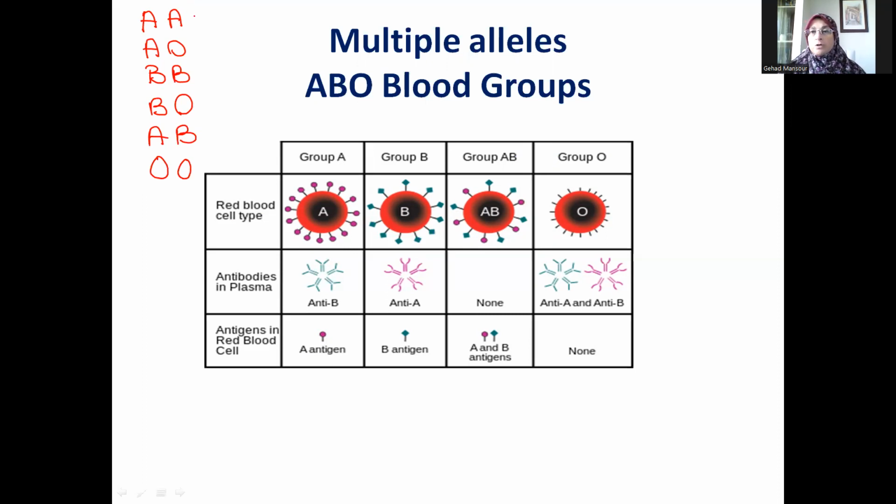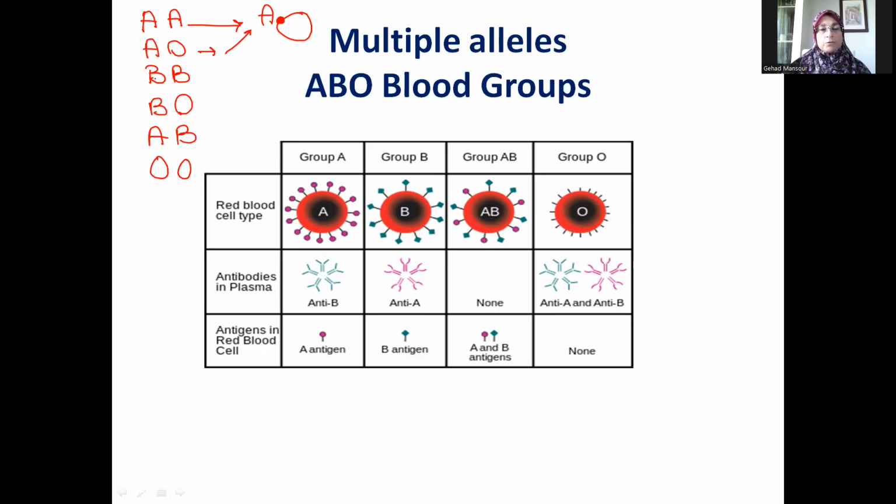So we have 3 different alleles and only 2 loci, and we are studying all the possibilities of how those 3 alleles are distributed on the 2 loci. Now, if you have the genotype AA, then your phenotype will be A. Your red blood corpuscle will have antigen A. Similarly, if you have AO, because A is completely dominant over O, you will still have the same phenotype.